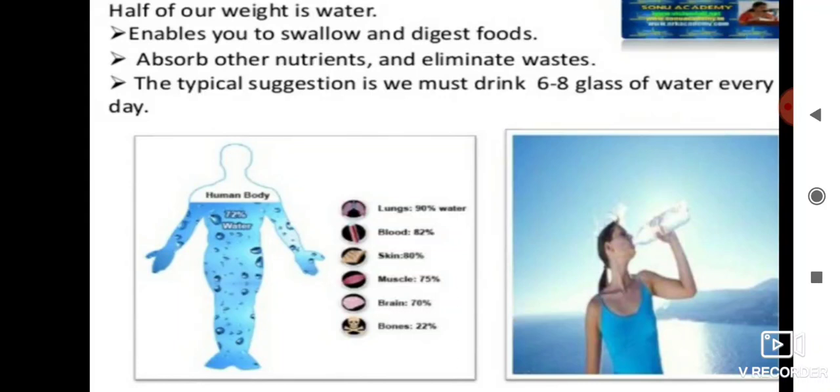Second, water helps absorb nutrients and eliminate waste. So water helps in absorbing the nutrients into the cells, and it also plays an important role in removing waste materials.